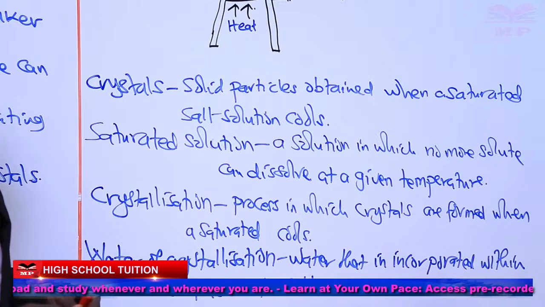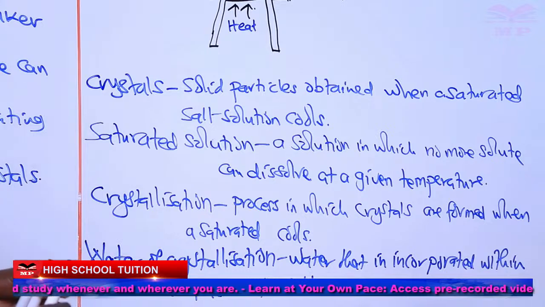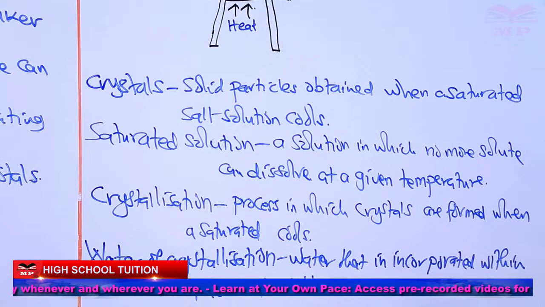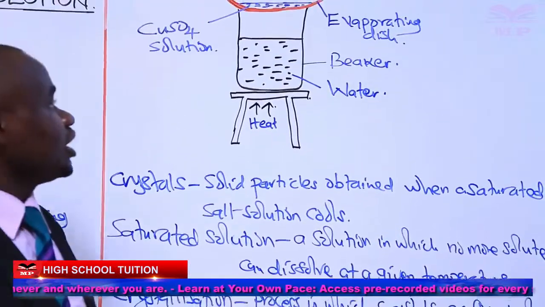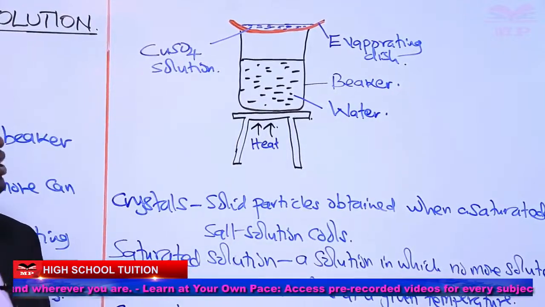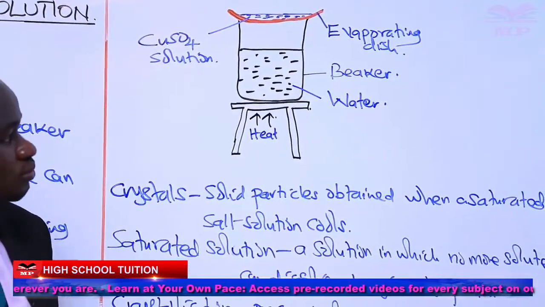So learner, we have said this, that we can obtain crystals from any salt solution by simply carrying out evaporation, as you can see from the diagram there. And we have said as you heat, you are supposed to dip a glass rod in that given salt solution to find out when it's ready to form crystals.